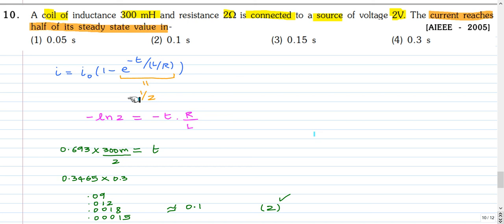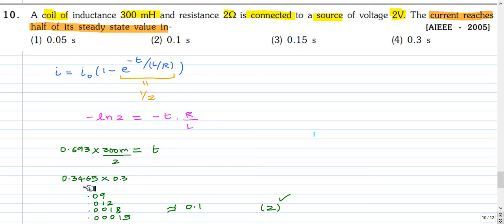So to find the time it takes to reach half of its steady value, this value should become half. When this value becomes half, I will become I naught by 2. So setting this equal to half and taking natural log on both sides, we get minus log 2 as minus t into R by L. Log 2 is 0.693, L is 300 millihenry and resistance is 2 ohms.